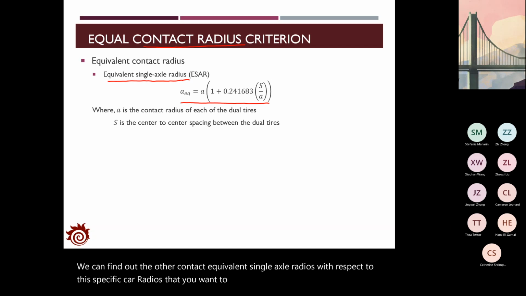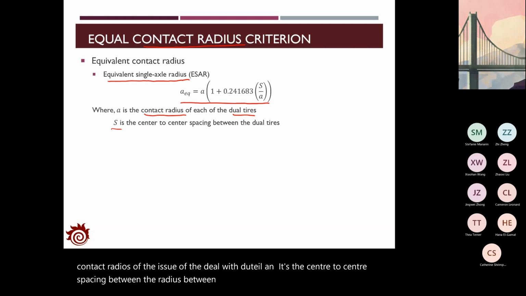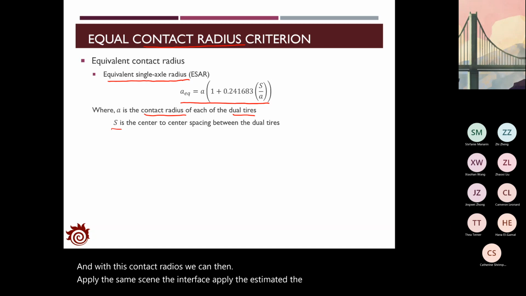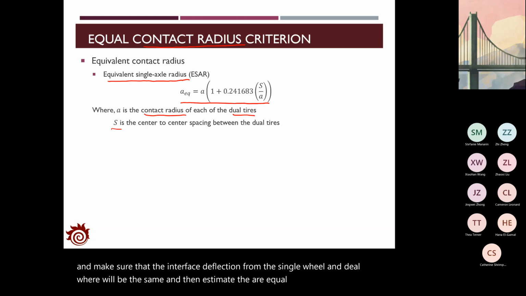In this equation, A is the contact radius of each of the dual tires, and S is the center-to-center spacing between the dual tires. With this contact radius, we can then apply the same thing, estimate the interface deflection, and make sure that the interface deflection from the single wheel and dual wheel will be the same, and then estimate the equivalent single wheel load.